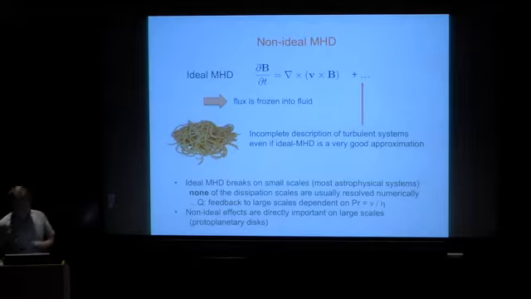And from a numerical point of view, that has the consequence that often we're dealing with circumstances where none of the dissipative effects that are present in the fluid, due to the finite conductivity of the fluid or due to its viscosity, are properly resolved numerically.